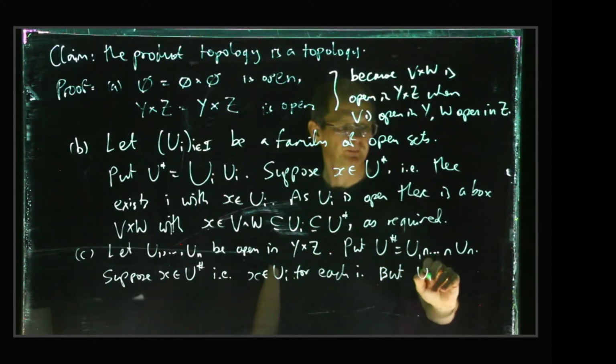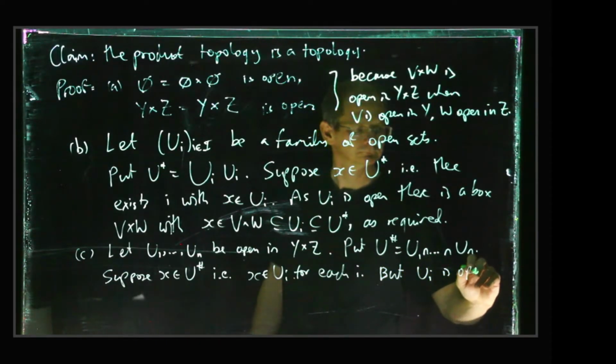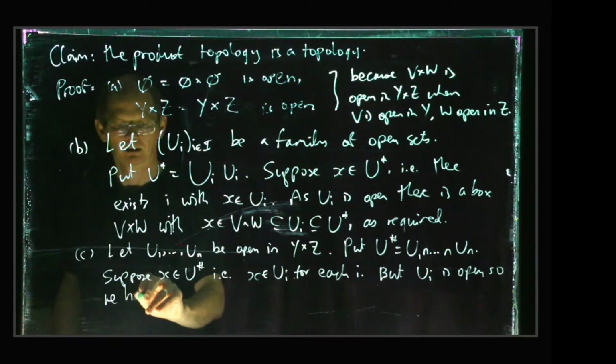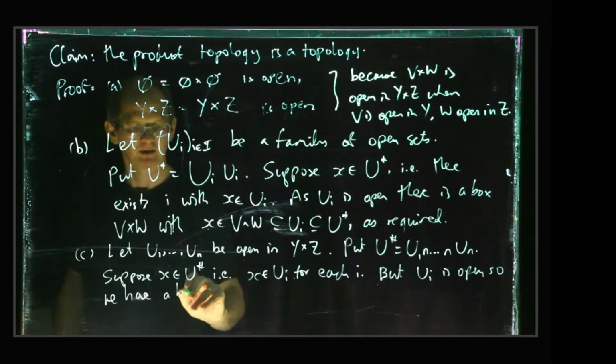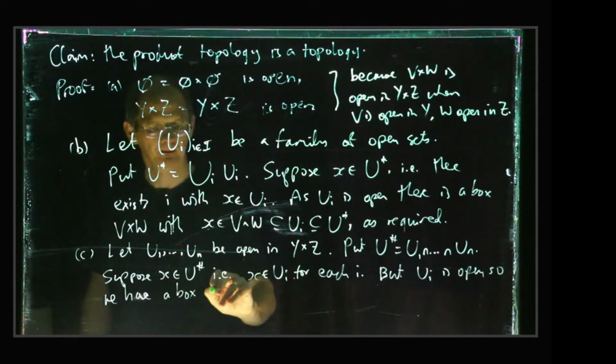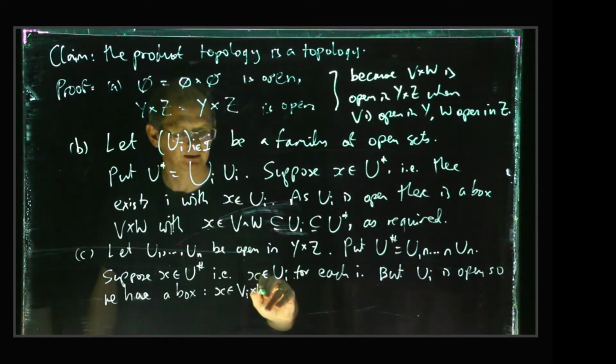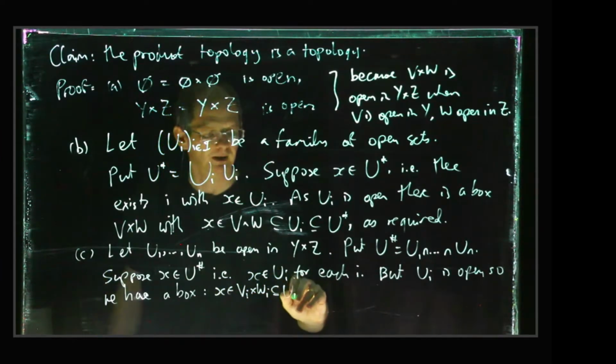But UI is open, so we have a box. So X lying in, say, VI cross WI contained in UI.